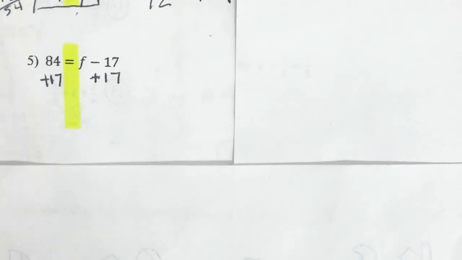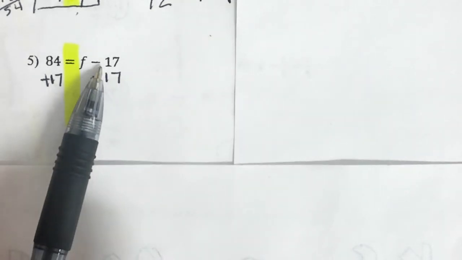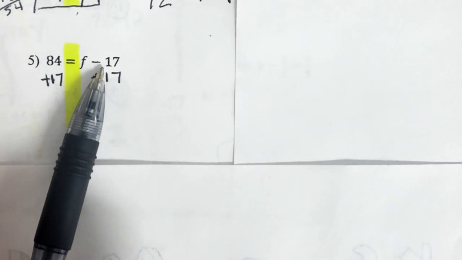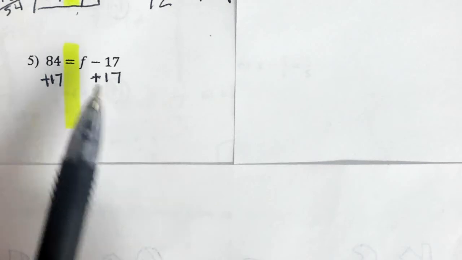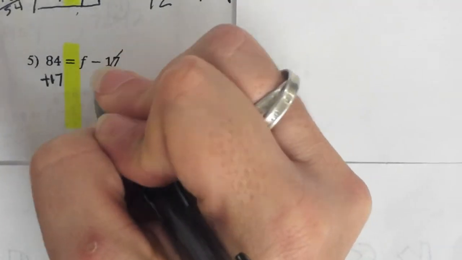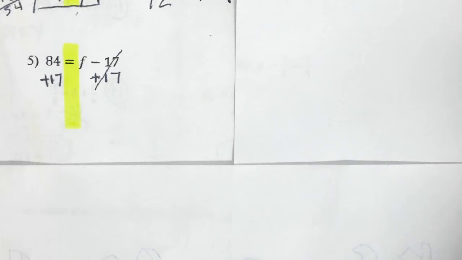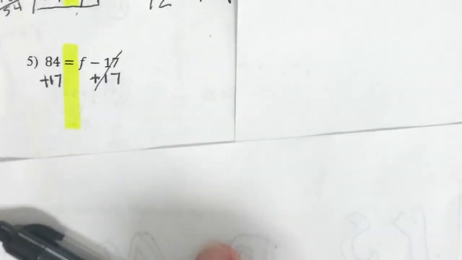Okay, so to kind of clean this thing up, think about this. If I'm at negative 17 and I add 17 to it, where am I? 0. That's a 0. That kind of goes away. So once you think about it, I'm going to go to my number line.